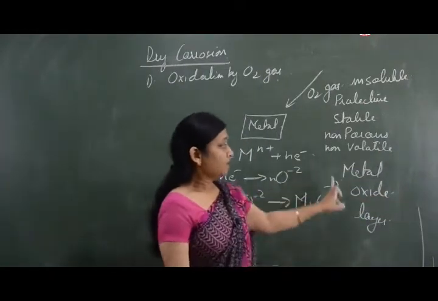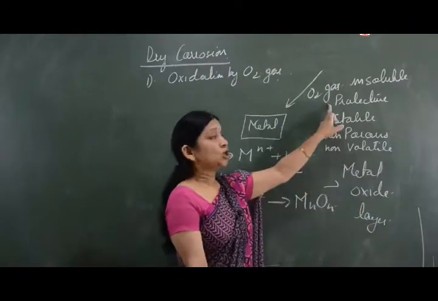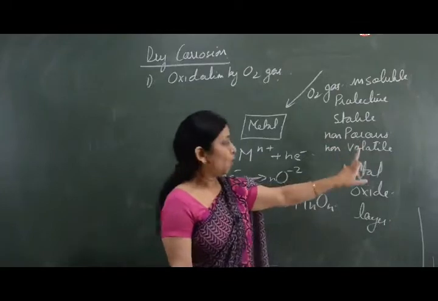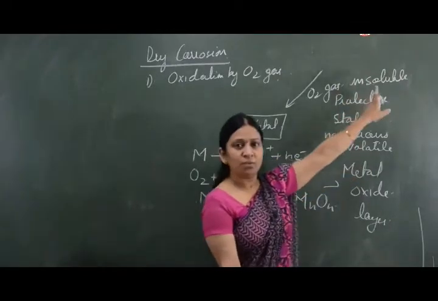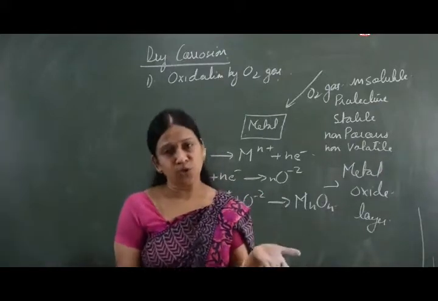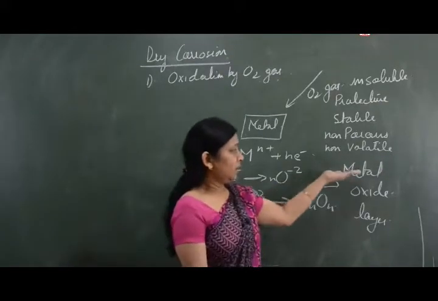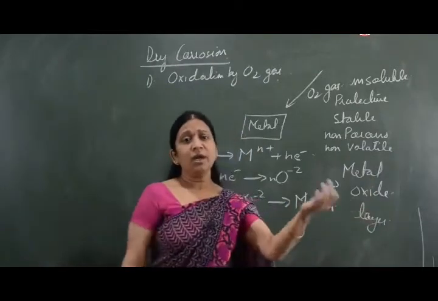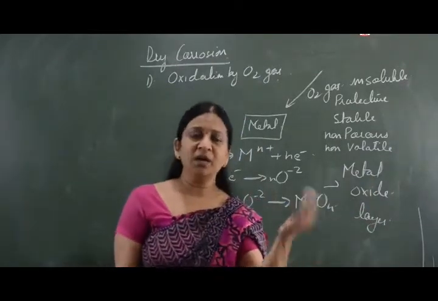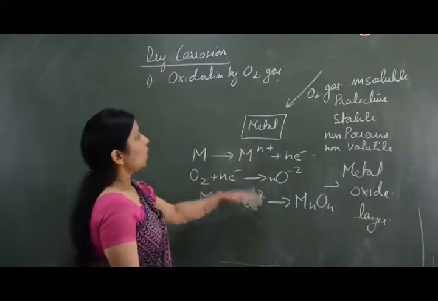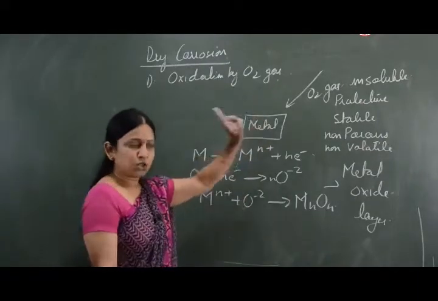If this metal oxide layer is non-protective, unstable, porous, volatile and soluble, then it is going to enhance the rate of corrosion. So depending upon the nature of this metal oxide layer, the further corrosion can be enhanced or decreased. So this is oxidation by oxygen gas.